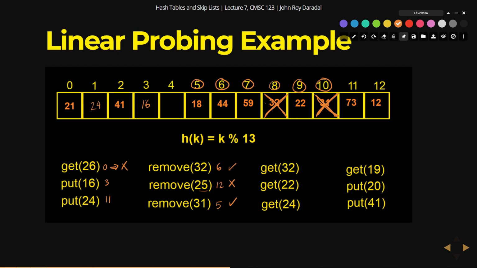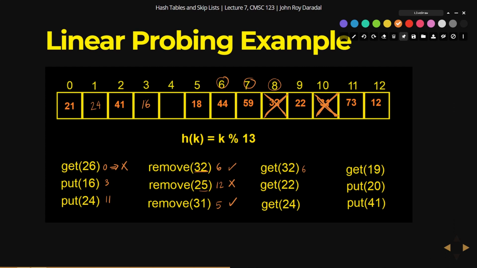Okay, so now next, let's get 32, and we already know that 32 starts at index 6, and we previously removed 32 earlier. Okay, so let's try to erase this first, and then starting at index 6, is this 32? No. Is this 32? No. Is this 32? No. This was actually the spot where we deleted 32 earlier, but we don't know that right now.